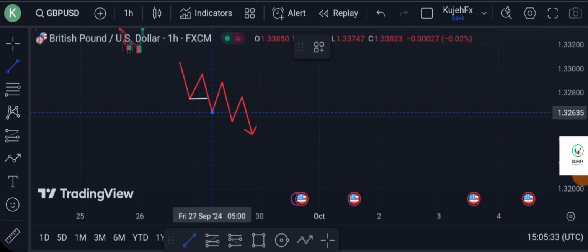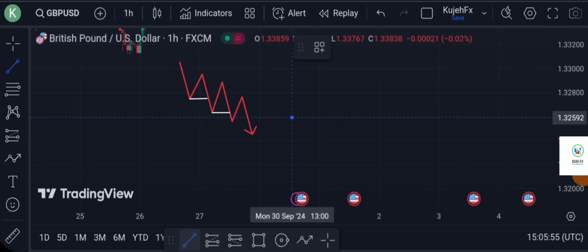Same thing happened here. The market creates a lower low, goes up and creates a lower high, comes back to break the lower low that it created before, making it a break of structure. When this happens, the market is saying that it wants to continue its trend downward. So if you are in this market, you should be looking for a selling opportunity. What next?